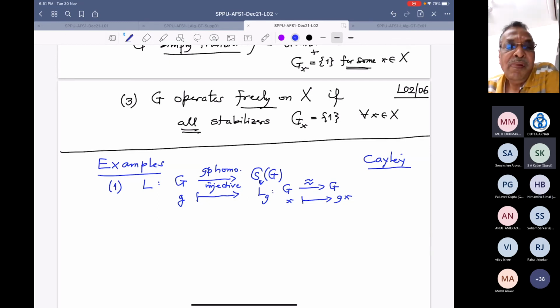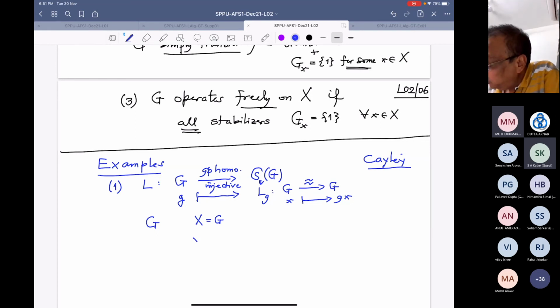What are the orbits I am asking? So suppose I take, now see here the confusion will arise because X is also G, and G, the group, is also G. So let us write it that G is a group here and X, that is also G. And you want to write the orbit, right?